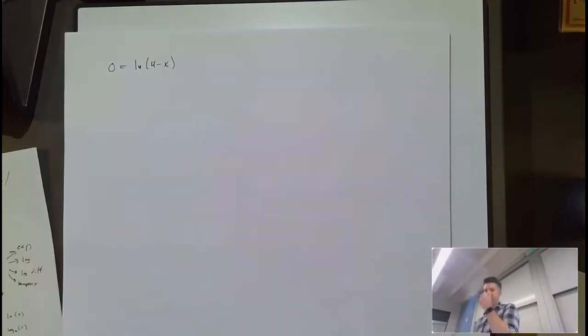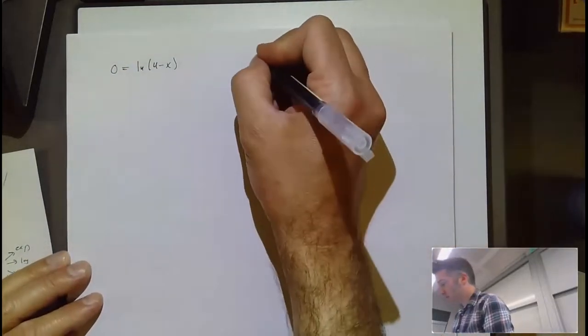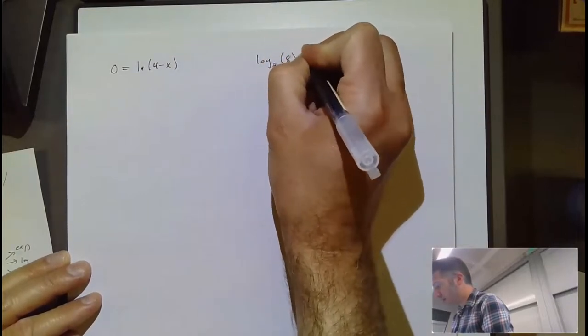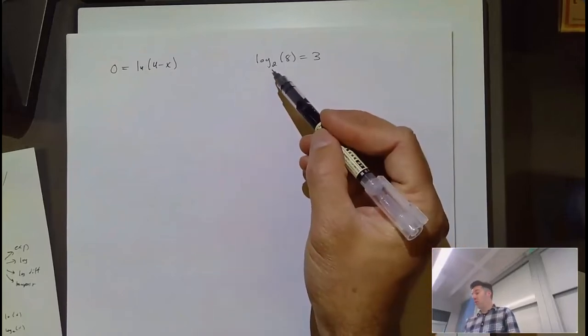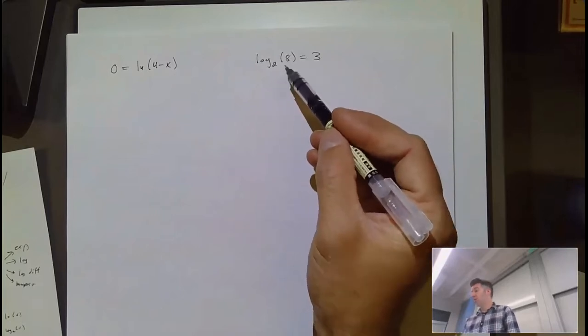The equation I keep in my head to remind myself of how this works is log base 2 of 8 equals 3. There's a logarithmic equation. And remember, when you're taking a logarithm of something, you're really asking the question, this base raised to what power is equal to that number? So 2 to the third equals 8.